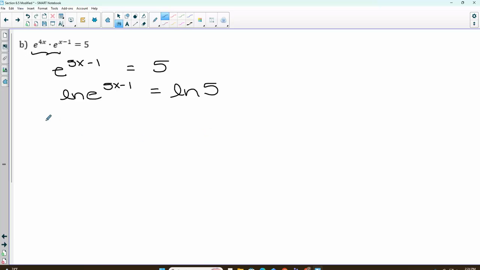So if I add my log to each side, exponent comes down. The reason that's so nice, the natural log of e is like saying e to what power equals e? 1. So whenever you have a natural log of e, it just cancels out and leaves a 1.